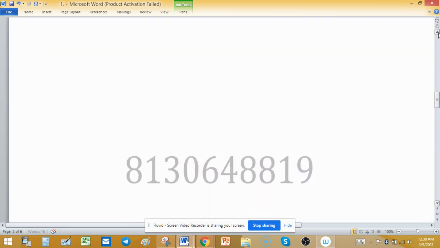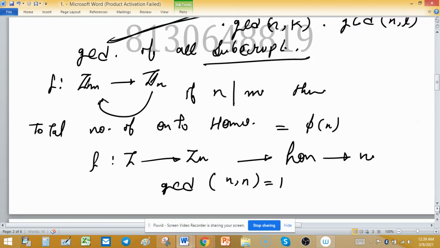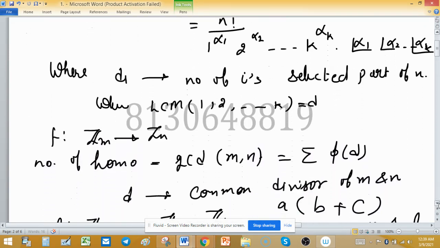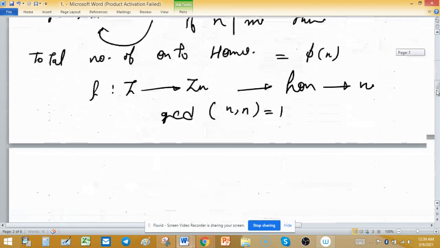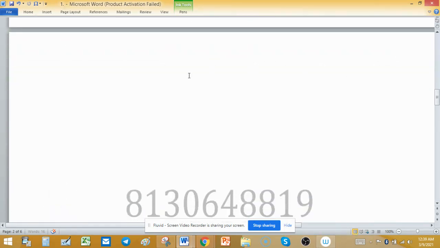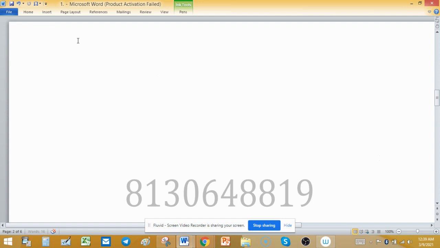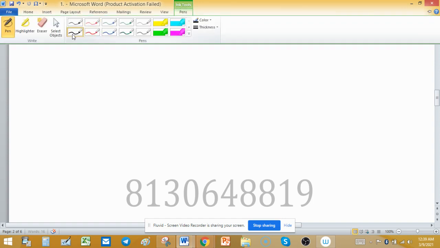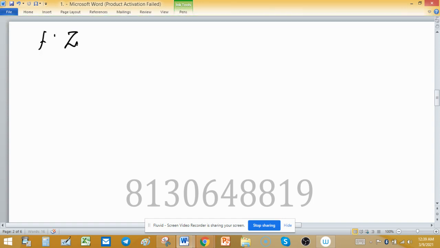The number of homomorphisms from Z_n to Z is 1.